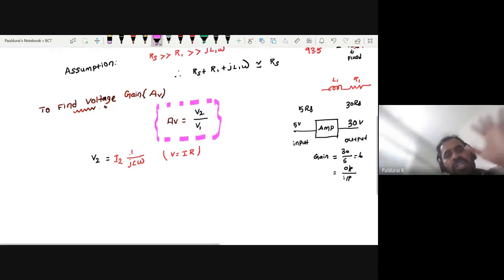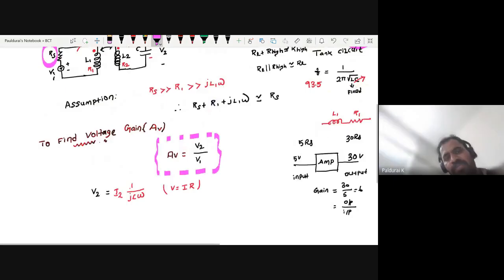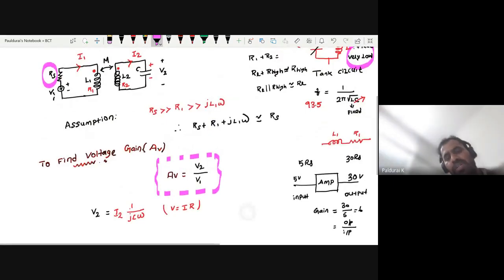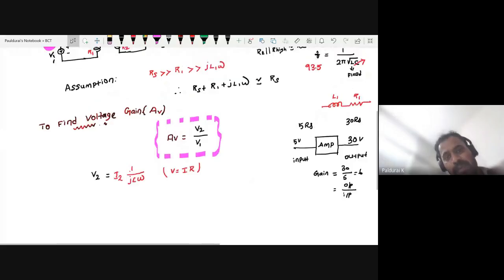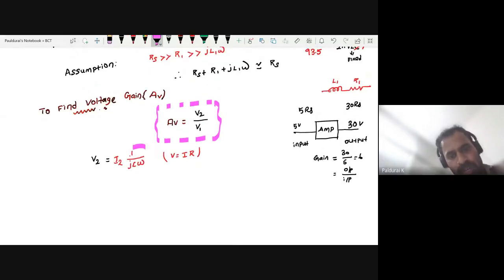So my output voltage, V equals I times R, where I equals I2 and R equals 1 divided by jC omega. What's my next step? This jC omega is constant, whereas I2 alone is variable, so you want to find I2.